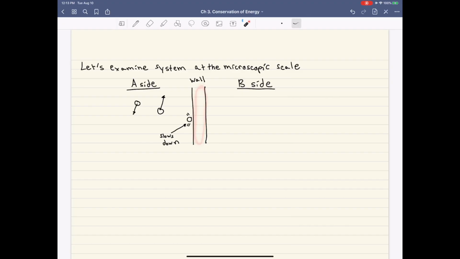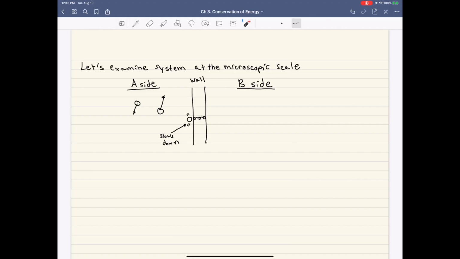up the wall. And so if we draw out the molecules that make up the wall, we could draw them kind of like this. Let's say they're bonded together. That's what the little spring-looking thing is. And so when the energy is transferred from the hot gas molecules on side A, their energy is transferred to the molecules on the wall, and that causes the molecules in the wall to vibrate faster.